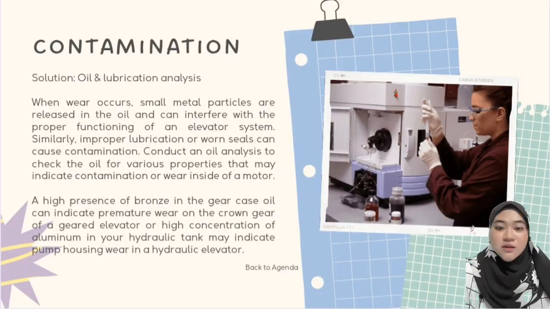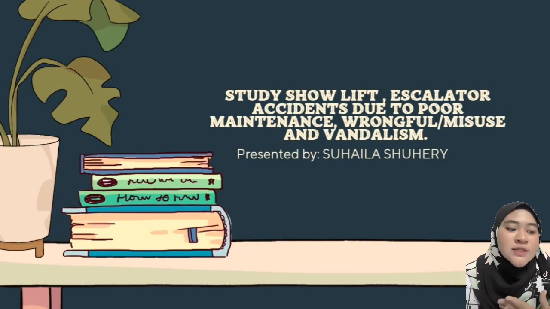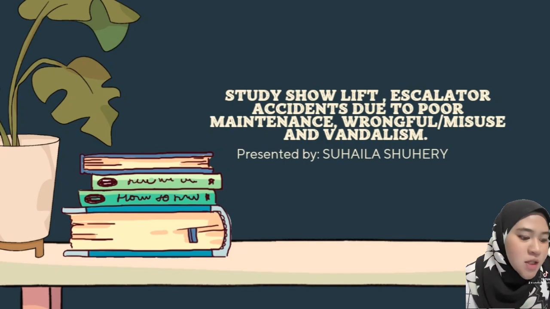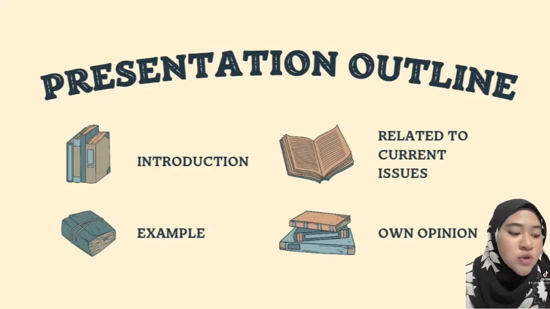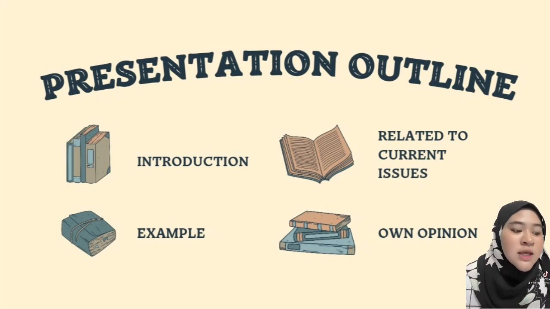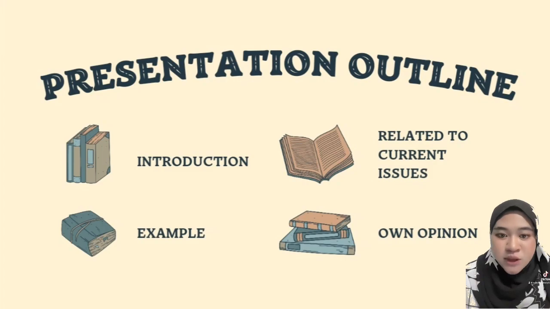Okay, we go to the second question: studies show lift and escalator accidents are due to poor maintenance, wrongful misuse and vandalism. So the presentation outline: we have introduction, example, relating to current issue, and my own opinion.